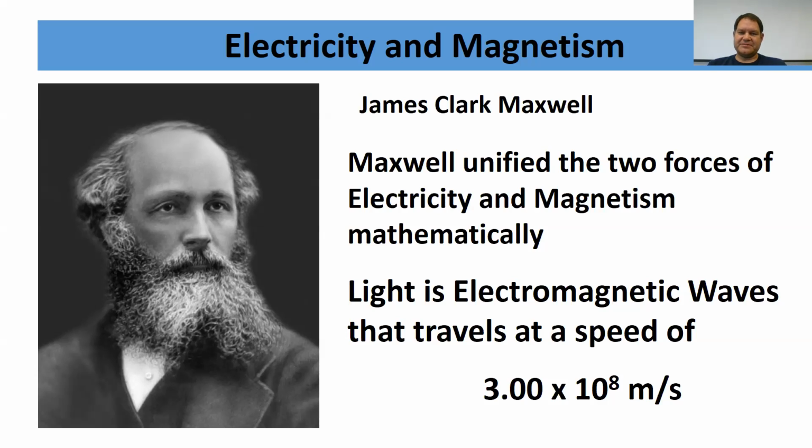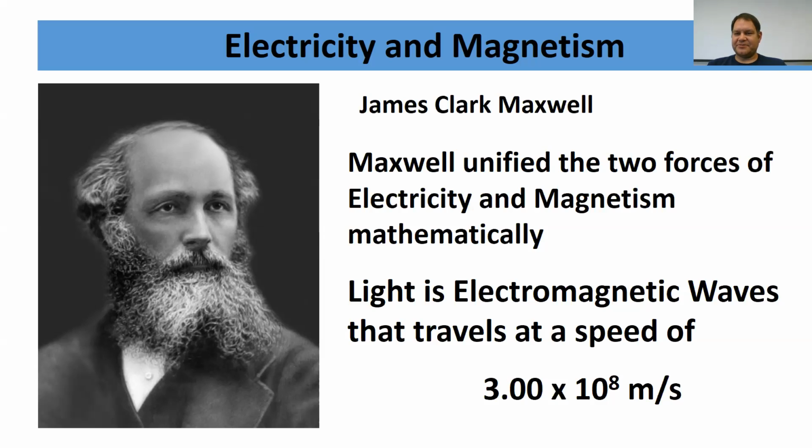What James Clerk Maxwell realized is that electricity and magnetism both produce standing waves. And these two standing waves are indeed connected with one another. And he referred to them as electromagnetic waves.